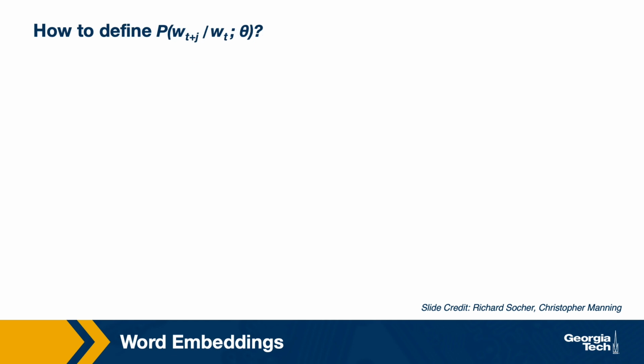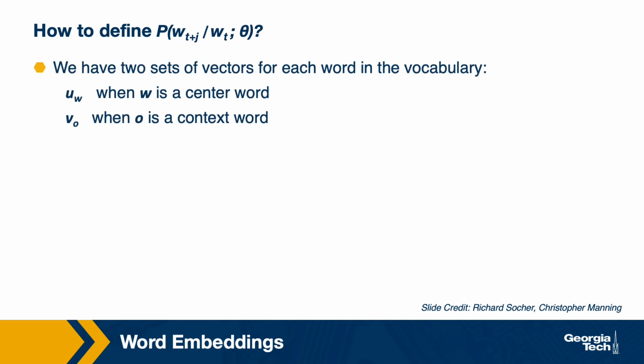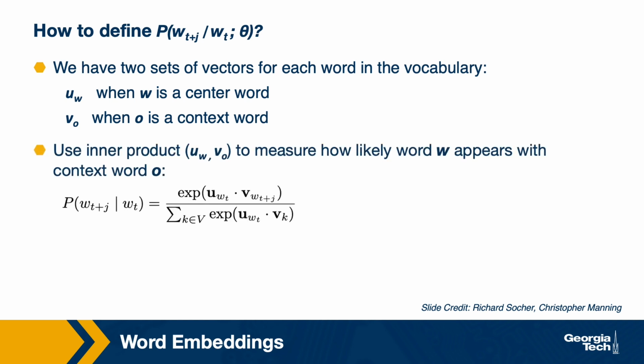The question then becomes how to calculate the probability. The Word2Vec model proposes two vectors to represent each word: one for when the word is a center word and one for when the word is a context word. Then it uses the inner product to measure how likely word w appears with context word o.